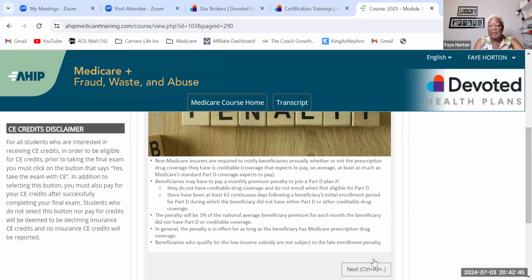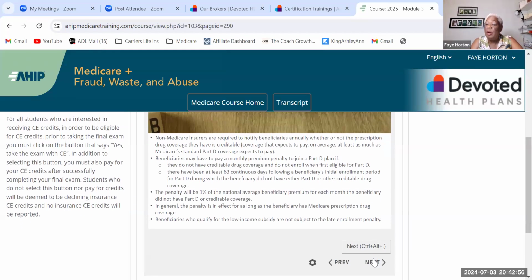The late penalty will be 1% of the national average beneficiary premium for each month the beneficiary did not have Part D or credible coverage.